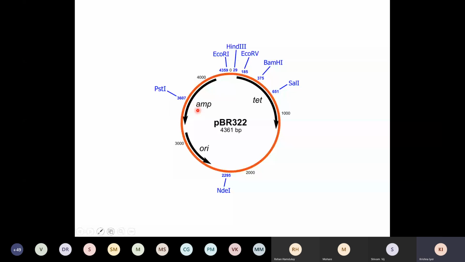Now imagine that the foreign DNA I'm interested in putting into this vector is also cut out with PstI. Then that piece of DNA will have two ends which are complementary to the ends generated here. So when I mix that DNA with pBR322, that piece of foreign DNA will come and sit here, and when it sits here, it will, in a sense, tamper with the original gene for ampicillin resistance.